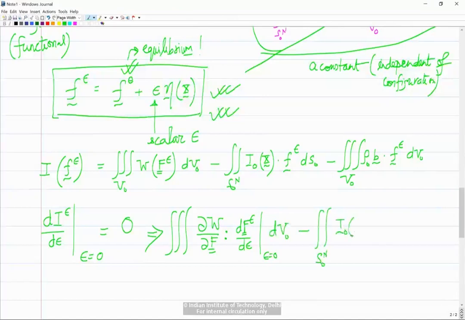You have T naught of big X dot with df epsilon by d epsilon at epsilon equal to 0.